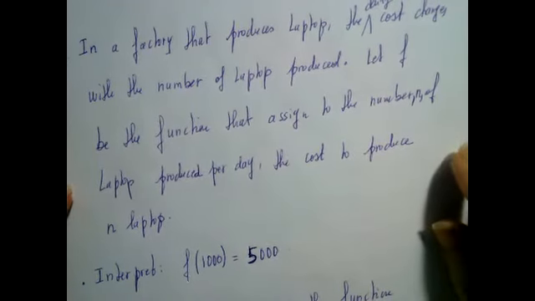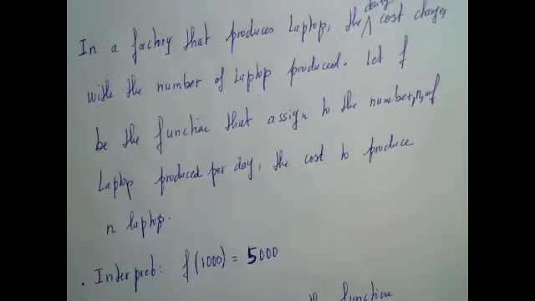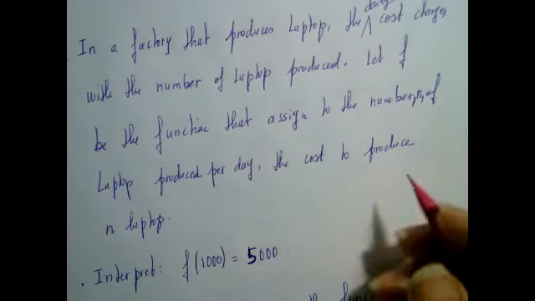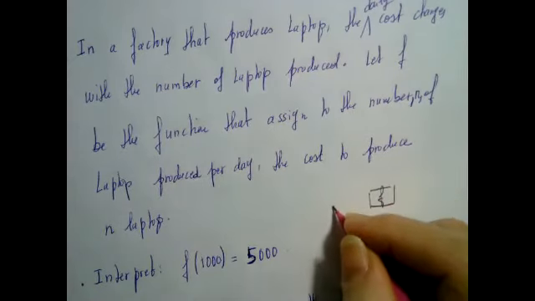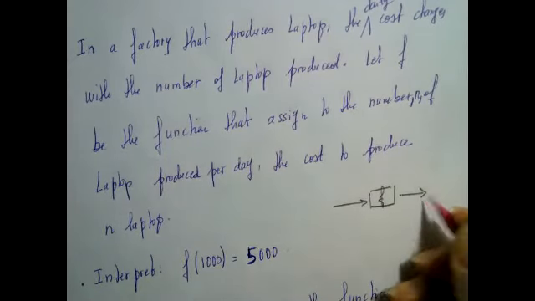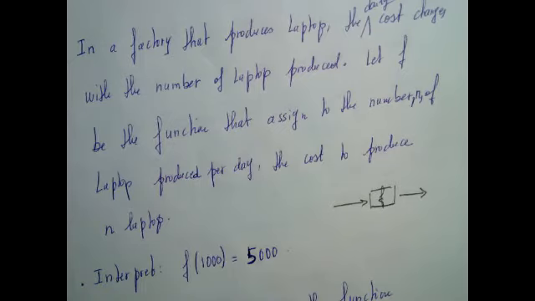Interpret f of 1000 equal 5000. So the question here, what's the input? What's your output? What kind of assignment is f doing? Anybody like to speak up, or shall I pick one? Okay, I pick one.